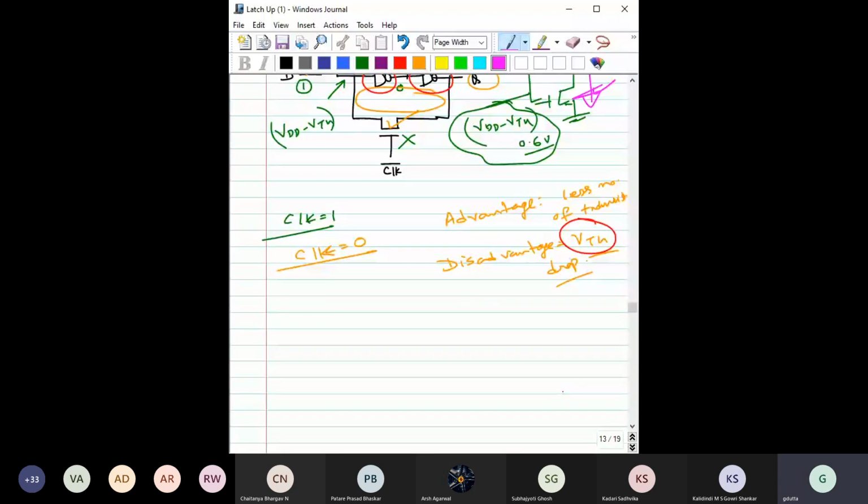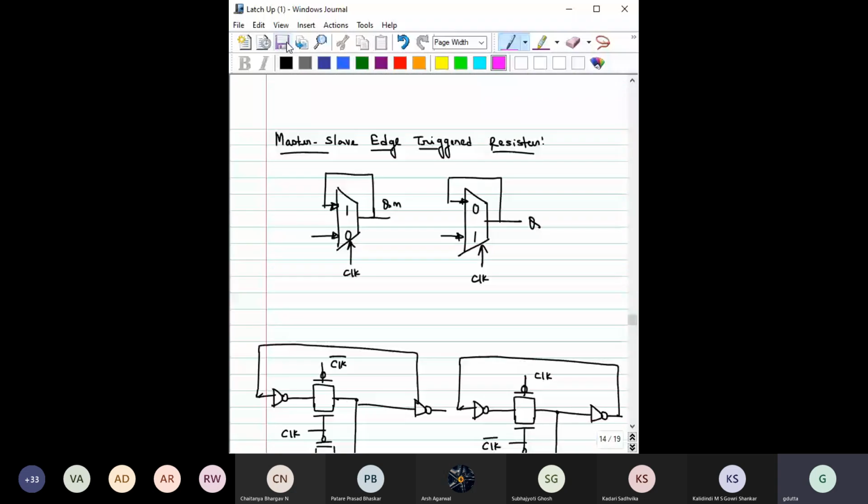Okay. So far what we have seen is the latches, right? Whether it will store, remember or pass depends on the level, the clock level, not on the clock edges. But to synchronize that particular logic with the other part of the circuit, it's preferred to have an edge triggered logic rather than a level triggered logic, right?